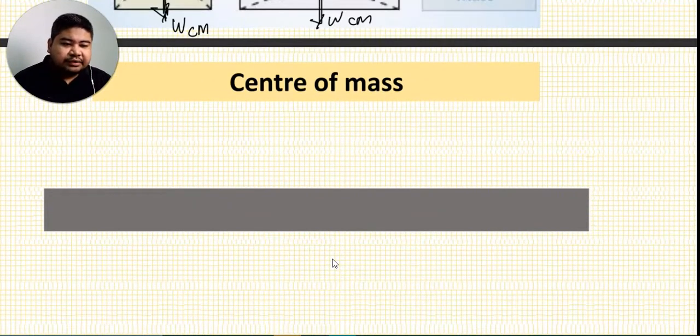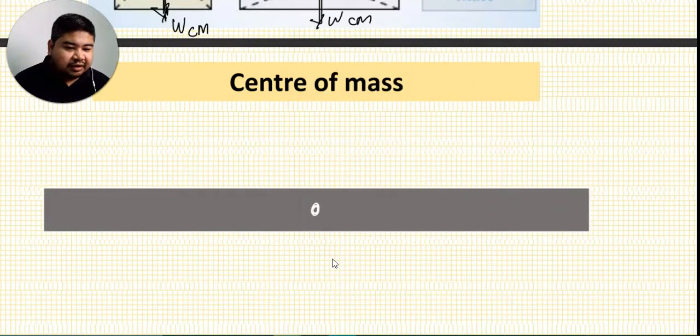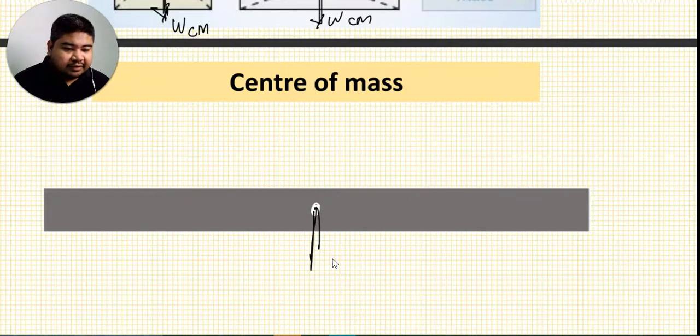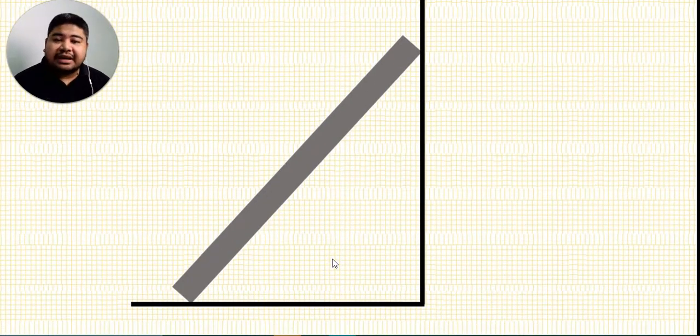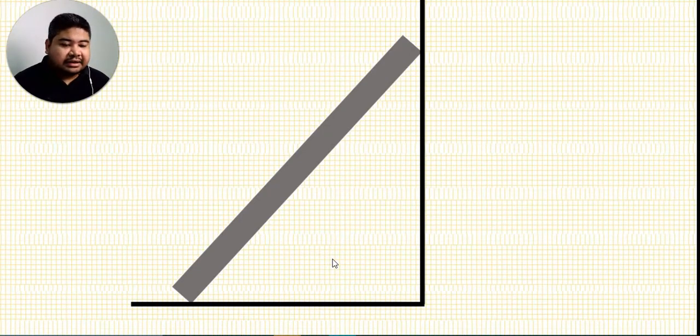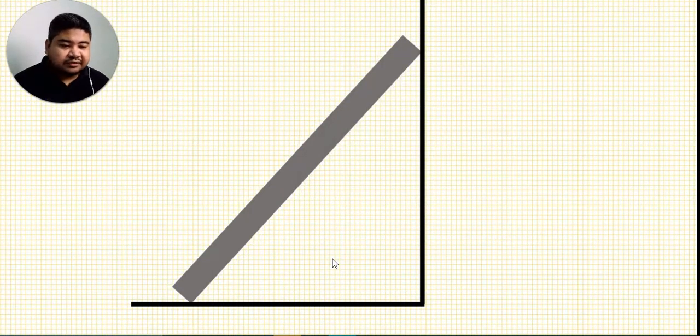In chapter 8, most of the problems that you are going to be dealing with involve a beam or a bar. The way you draw the center of mass of a bar is a point at the very center of the bar. So the force of gravity on the bar is the W center of mass. If, let's say, you have a problem where you have a ladder leaning against a wall, the way you draw the force of gravity on the ladder is first you need to establish the location of the center of mass.